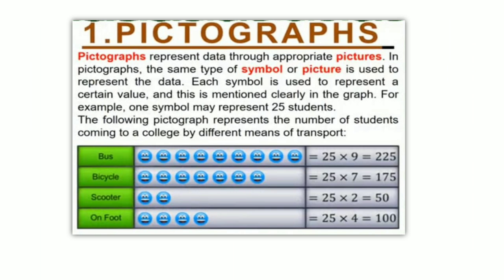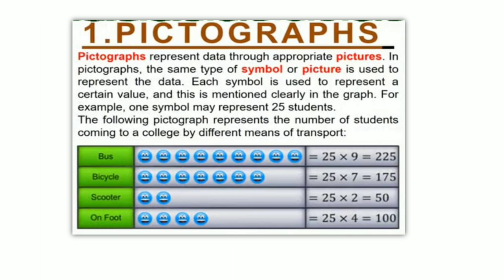Now let us learn pictographs in detail. Pictographs represent data through appropriate pictures. In a pictograph, the same type of symbol or picture is used to represent the data. Here in the picture below, a pictograph is given.